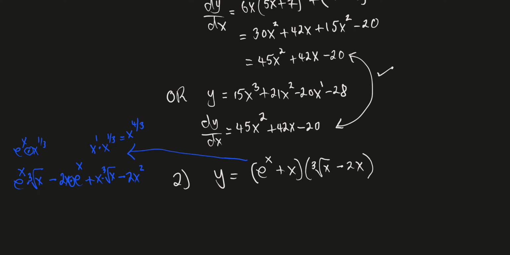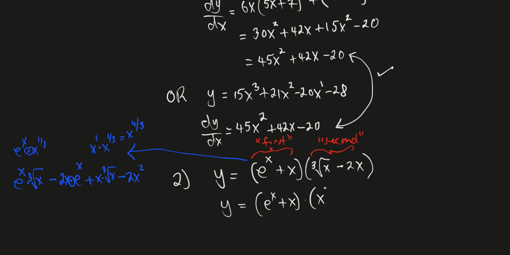Again, I am going to treat this as the first, and then this is the second, right? Now, if you want to rewrite the second function here before we do our derivative, you're certainly entitled to do that, and it will look like this.